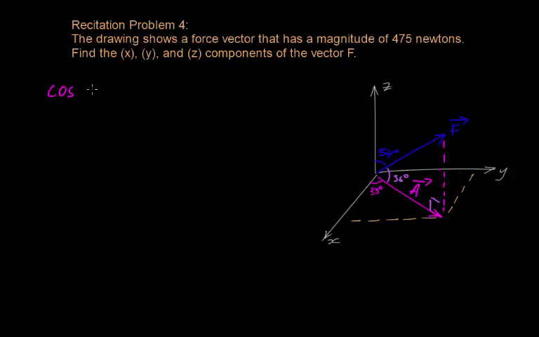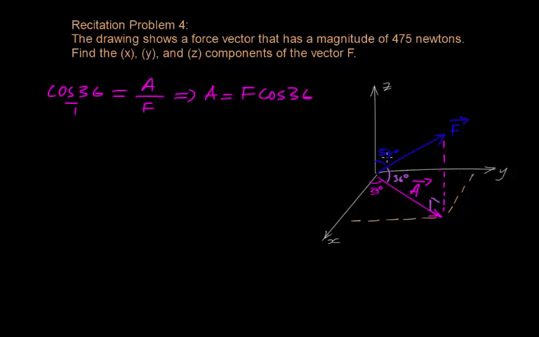Cosine 36 is going to equal adjacent, which is the vector A, divided by the hypotenuse, which is the vector f. Alright, cross multiply, you can find the vector A to equal f cosine 36.